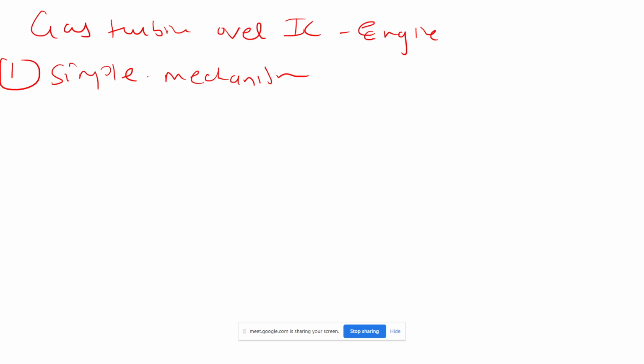Whereas in an internal combustion engine, both processes take place at the same location, so the mechanism is relatively complex.